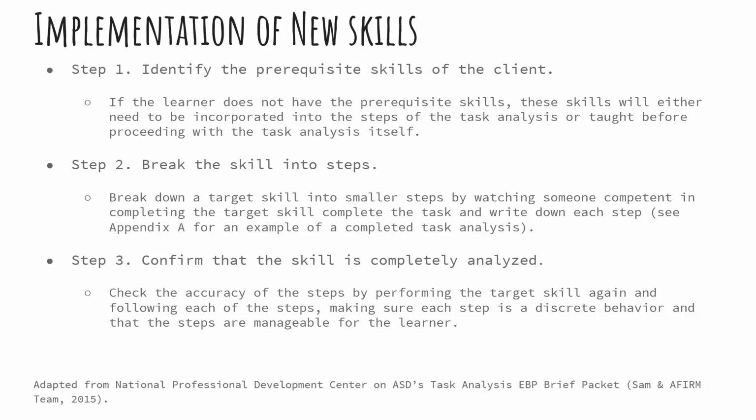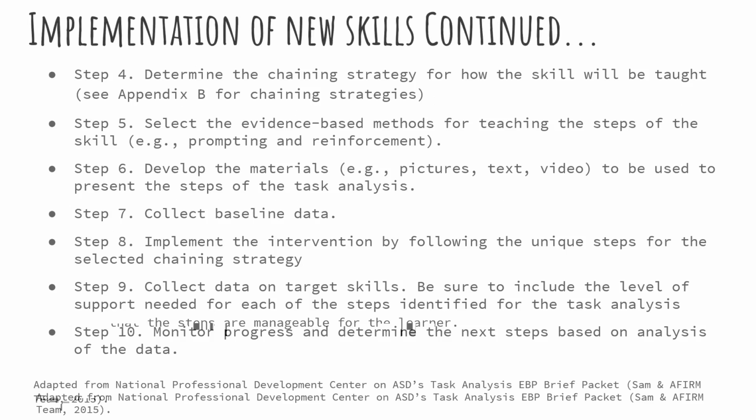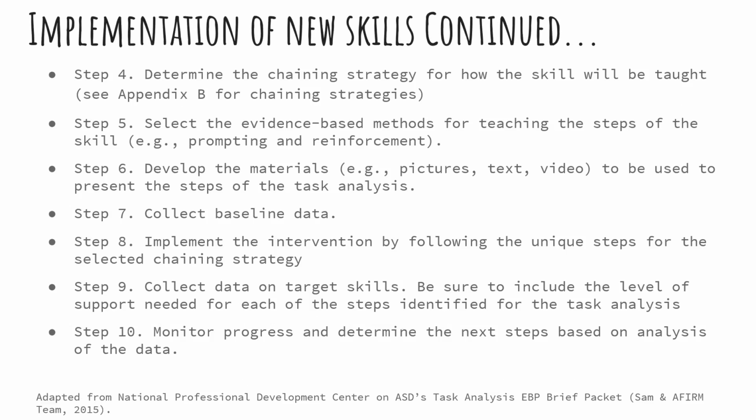Step 3. Confirm that the skill is completely analyzed. Check the accuracy of the steps by performing the target skill again and following each of the steps, making sure each step is a discrete behavior and that the steps are manageable for the learner. Step 4. Determine the chaining strategy for how the skill will be taught.